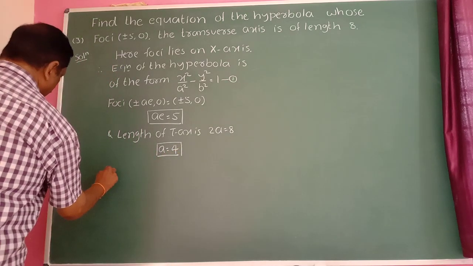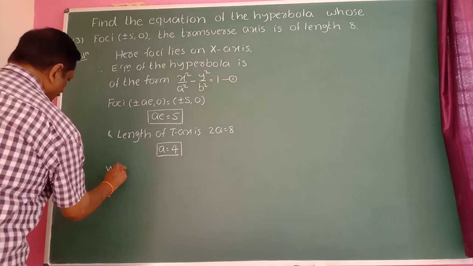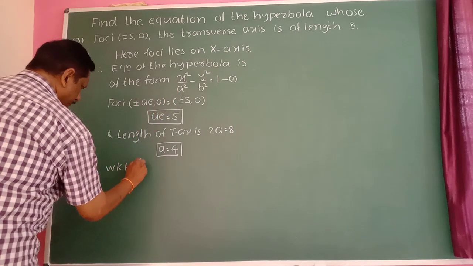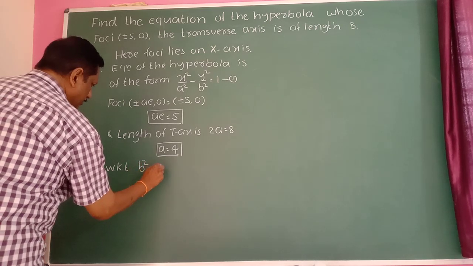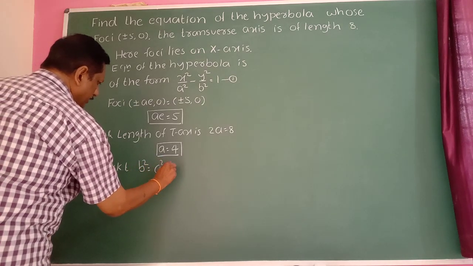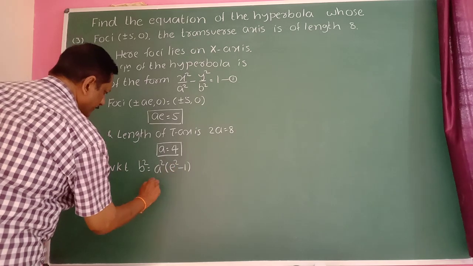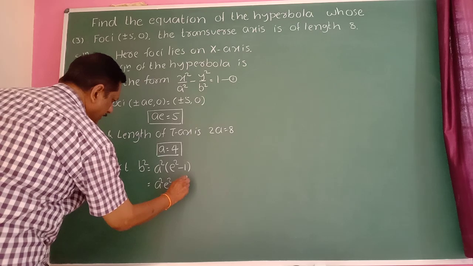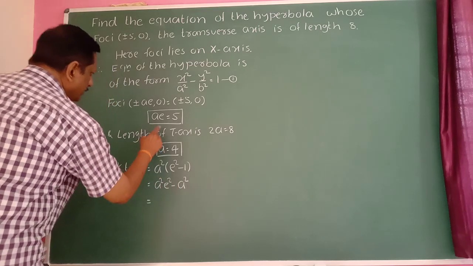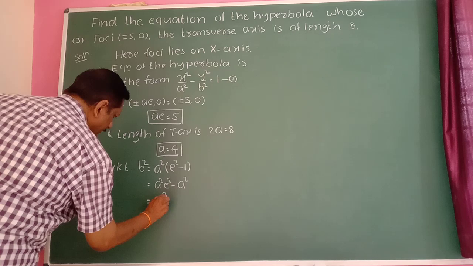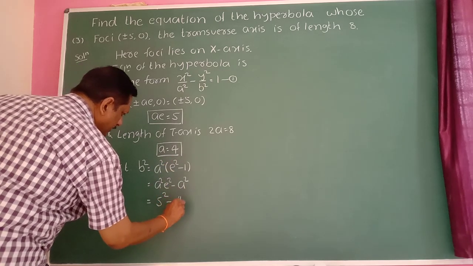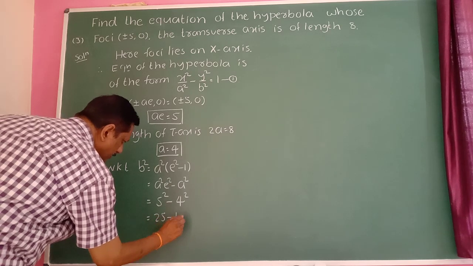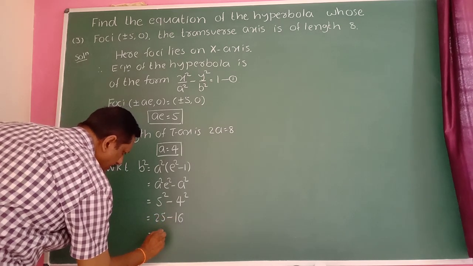We know that for this hyperbola b² = a²(e² − 1), that is a²e² − a². Here ae is 5, so 5², and a is 4, so 4². 5² is 25 and 4² is 16, so that is equal to 9.